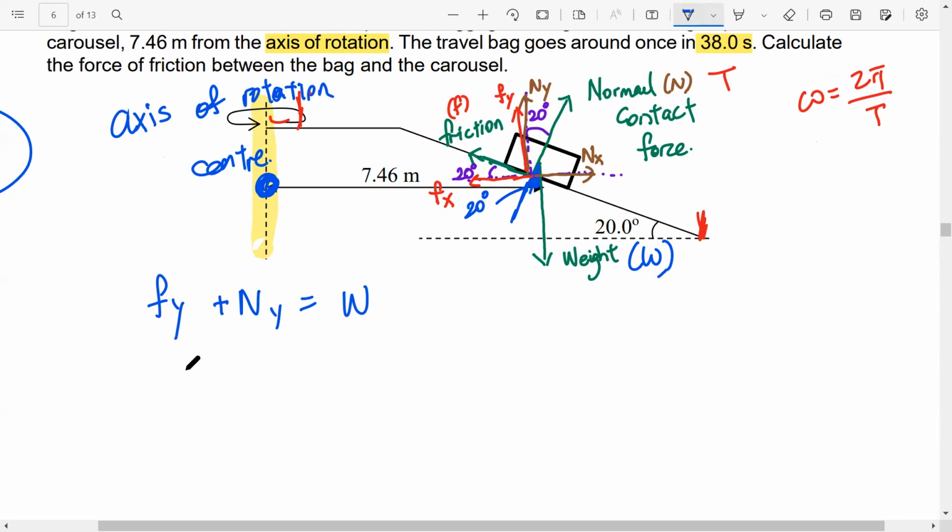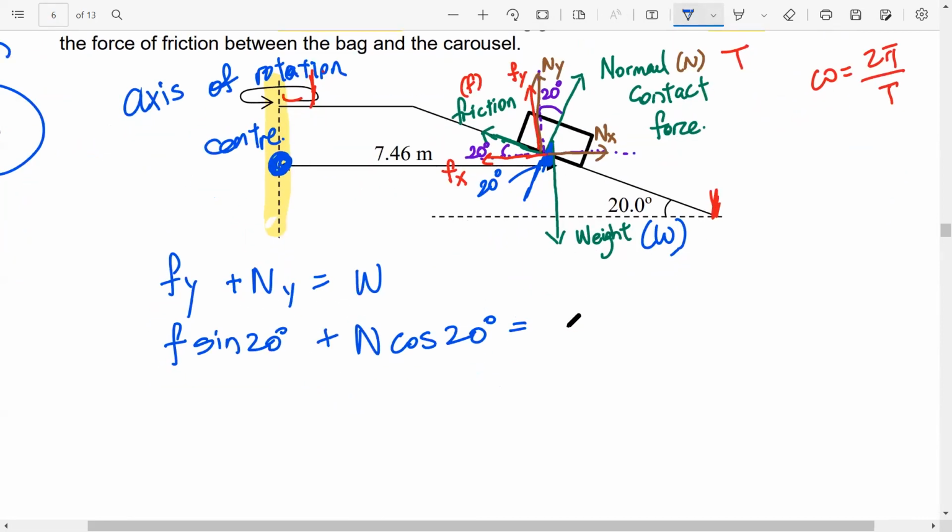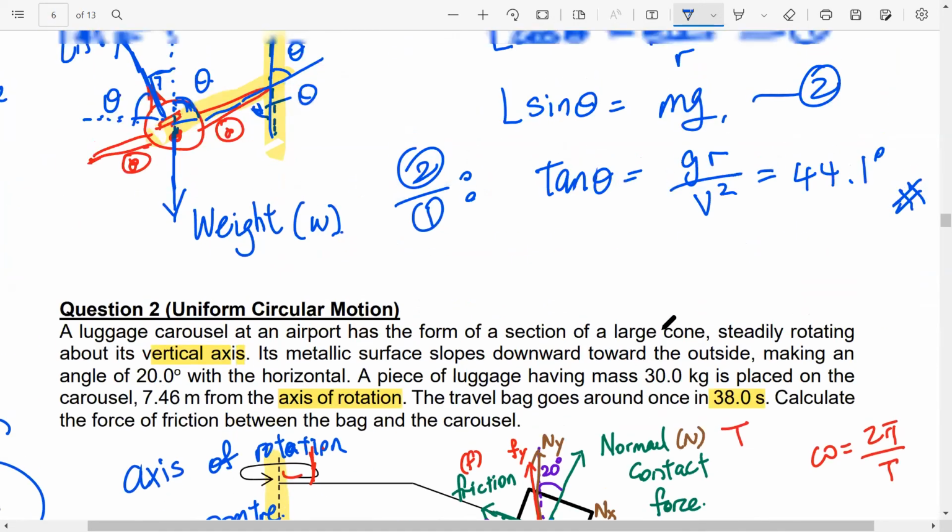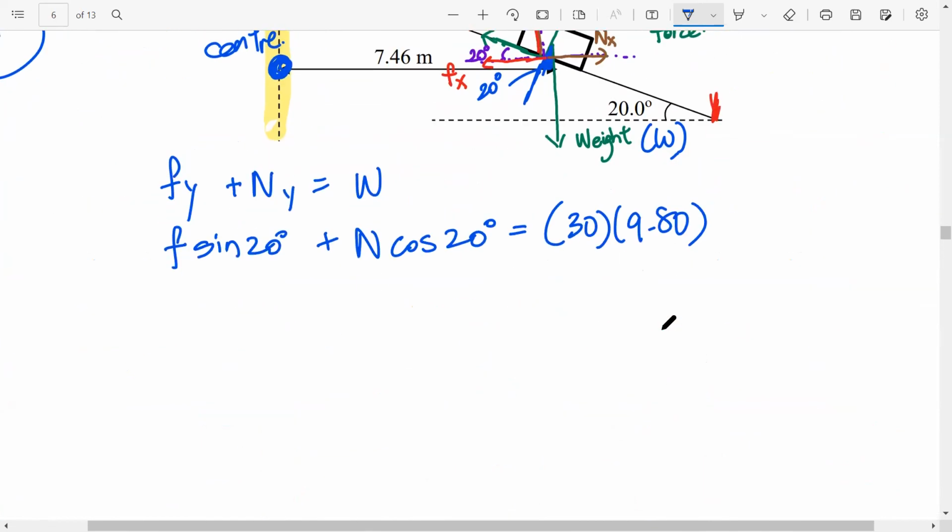Or in this case, F sine 20 plus N cosine 20 equals mg, and m is 30 kg, so 30 times 9.80. For yours, 9.80; that's why I used 9.81 here.